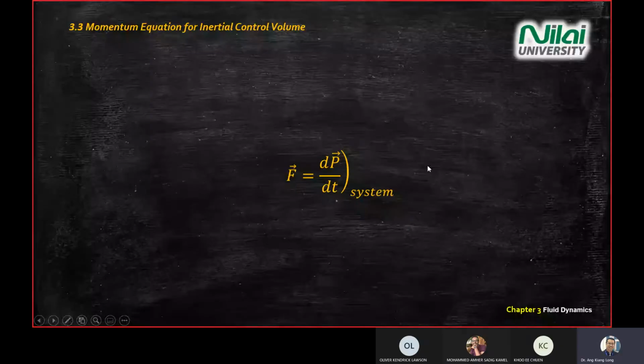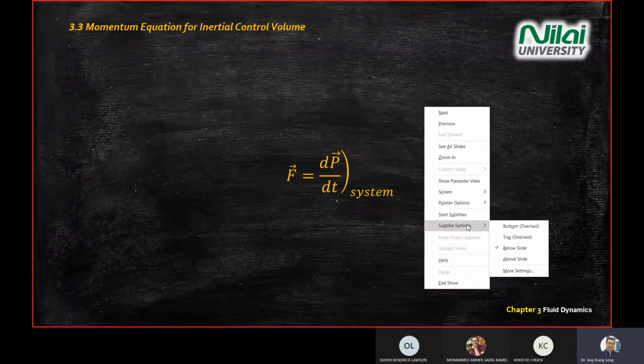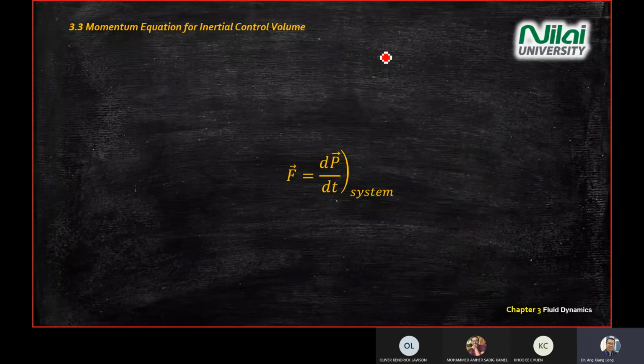Momentum equation. Before we start, just recall what is momentum. When you have a body moving with a mass and velocity, the product of this mass and velocity, mass times velocity, mv, gives you momentum.